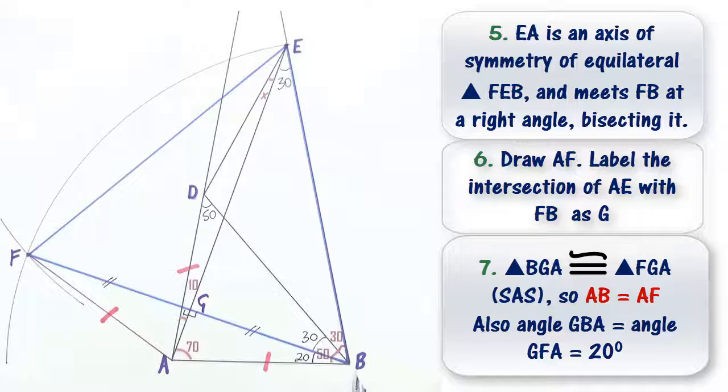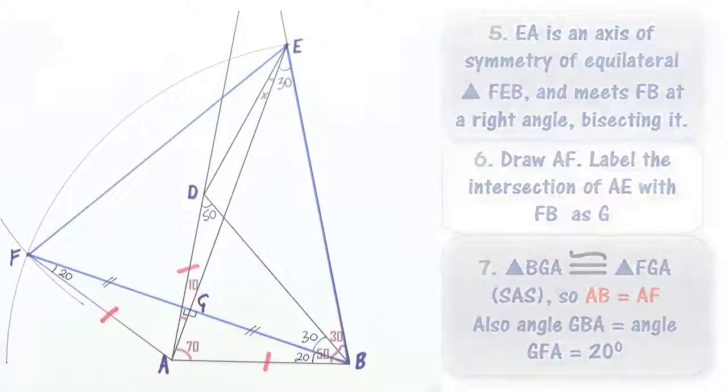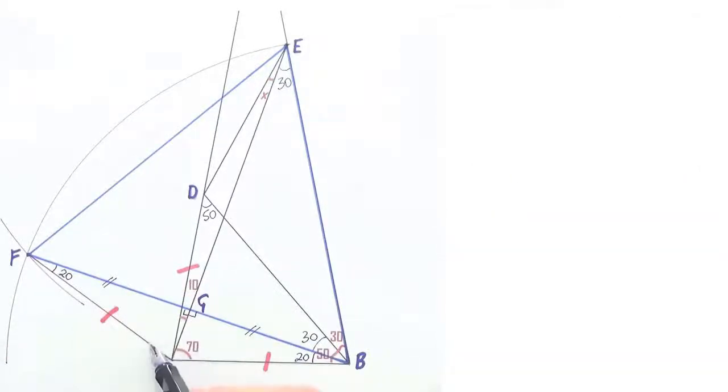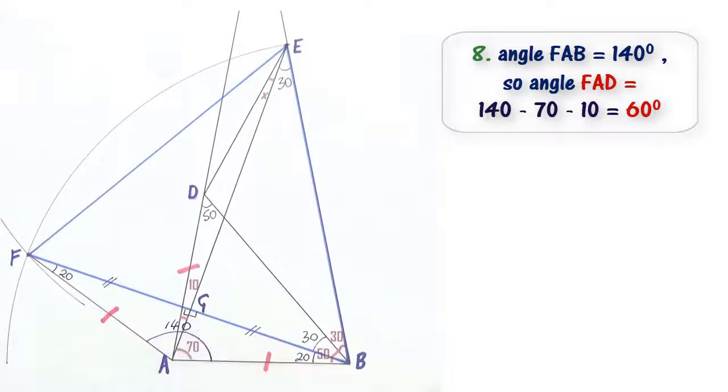Also, because I've got congruent triangles, the angle GBA will equal the angle GFA and be 20 degrees. Now the angle at FAB will be 140 degrees, being 180 minus 20 minus 20. And then the angle at FAD will be 140 minus 70 minus 10, which is 60.